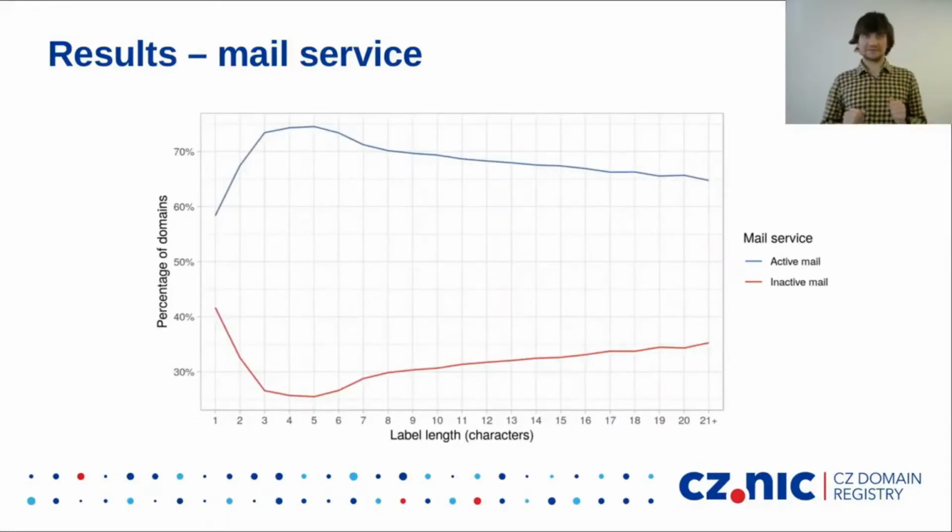And when it comes to domain length, an interesting trend can be observed. We can see that domains of length from 3 to 6 letters were more likely to have a mail server. We can probably explain it by the fact that people simply prefer to have a shorter domain name in their email address.